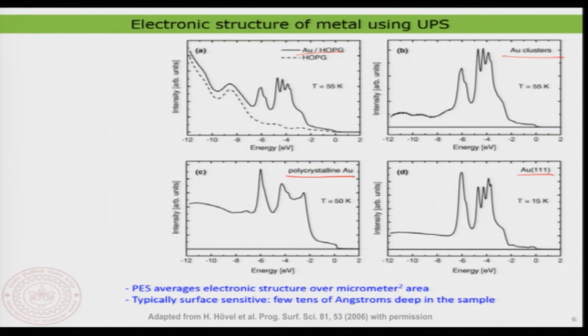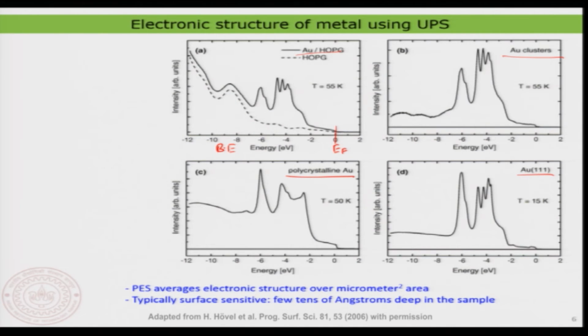In all the cases, what you are plotting is the binding energy. Please notice this is always the binding energy, and the binding energy going in the negative direction indicates that the energy is increasing in this direction. This always represents the Fermi level of the material, because you see that higher than the Fermi level there is no density.